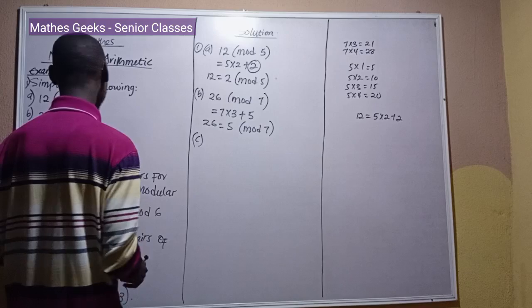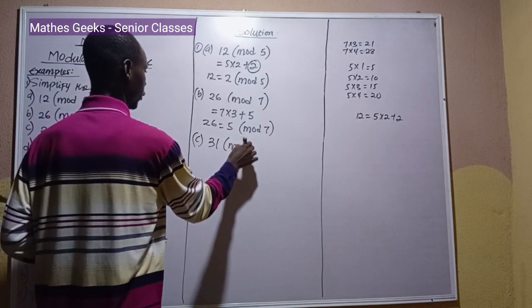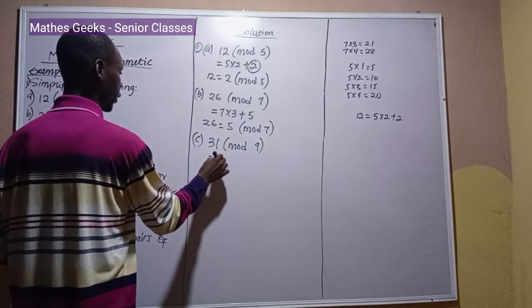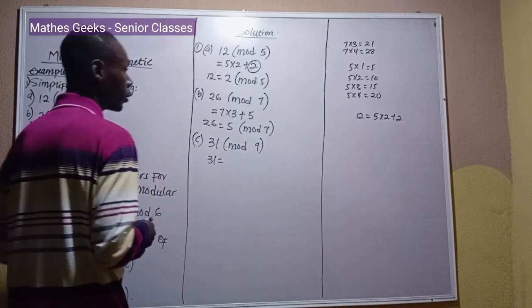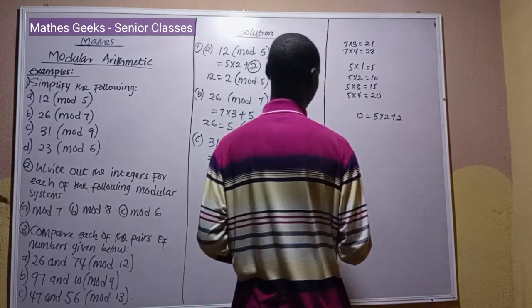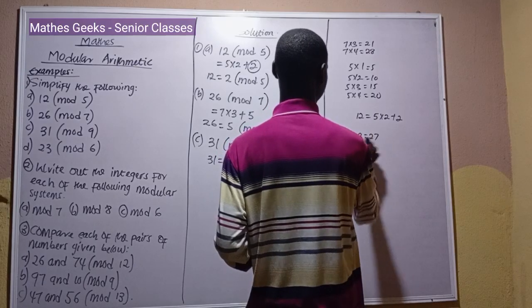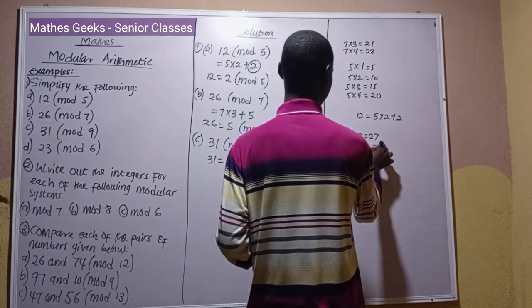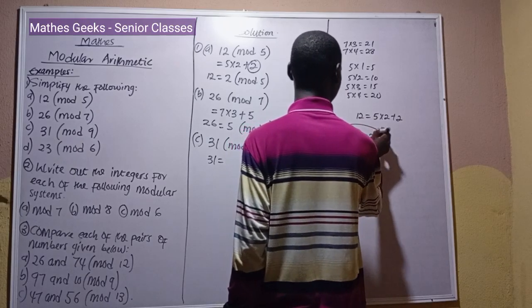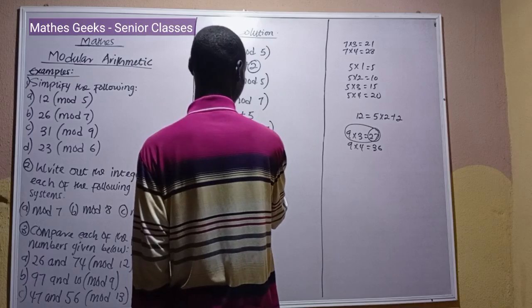C: 31 in mod 9. The multiple of 9 that's closest to 31: 9 times 3 is 27, 9 times 4 is 36. So 27 is the closest to 31.